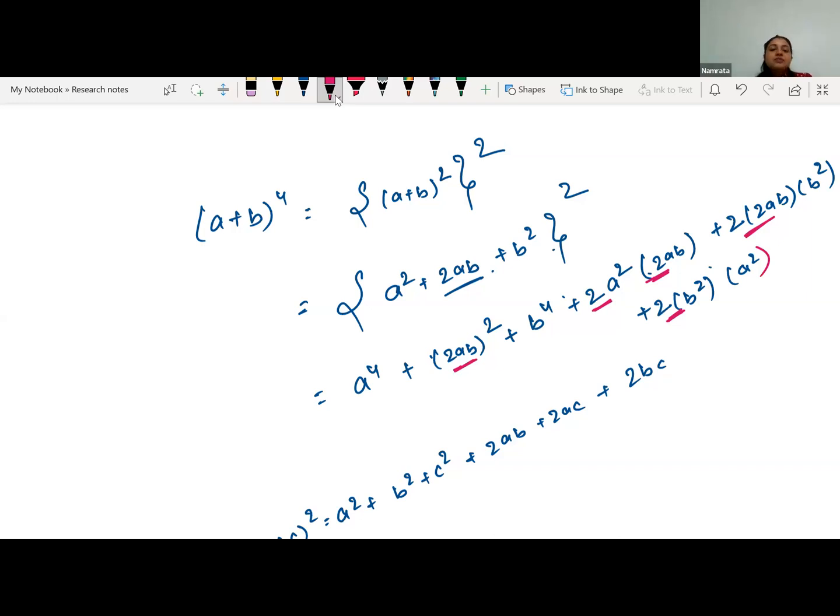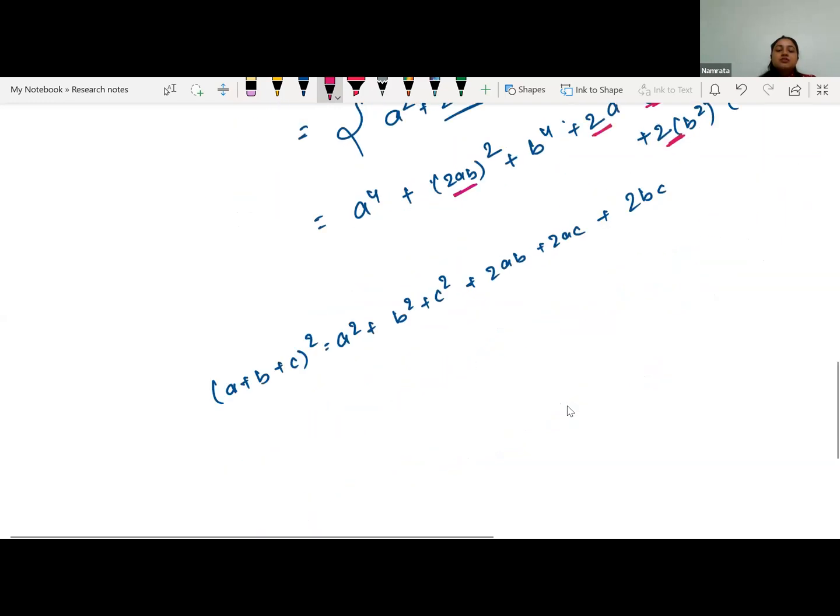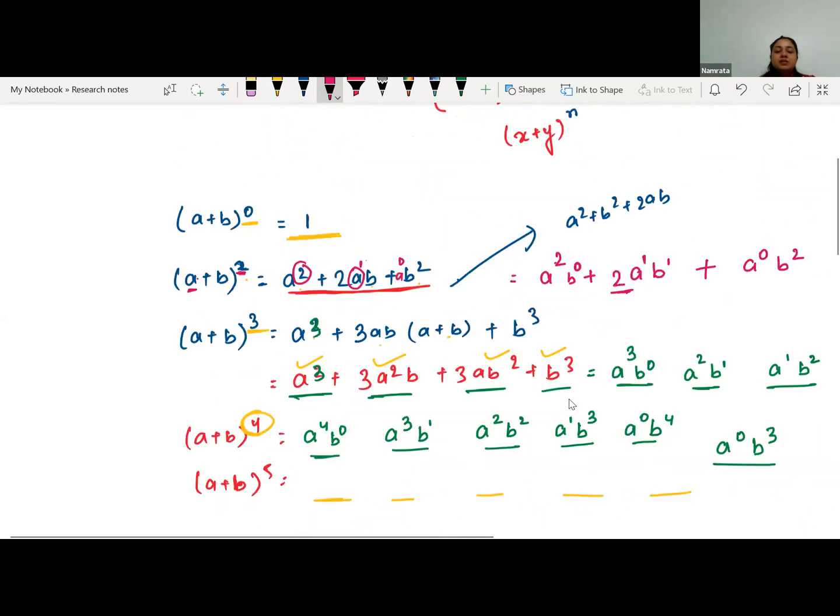Okay. So what we can do for the coefficient, if you look at the pattern here, I am saying that the first one is having 1 as a coefficient. The next one is having 1, 1.